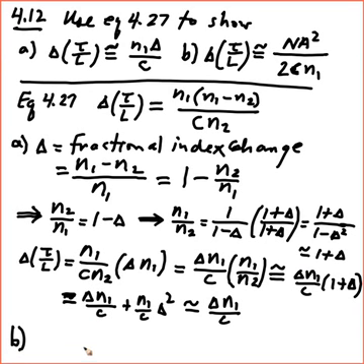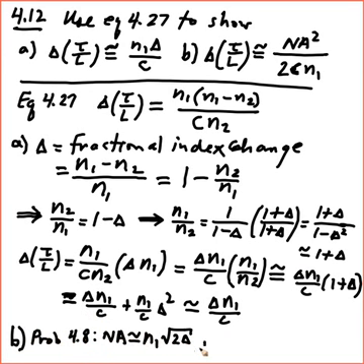Part B now follows very quickly because we know from problem 4.8 that the numerical aperture, NA, is approximately equal to n1 times the square root of 2 delta.